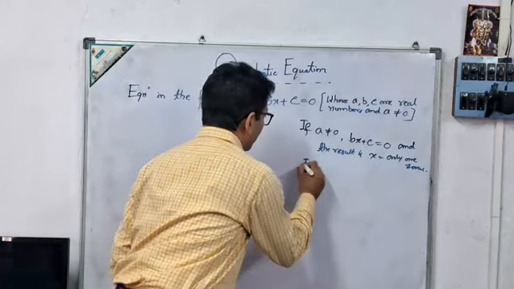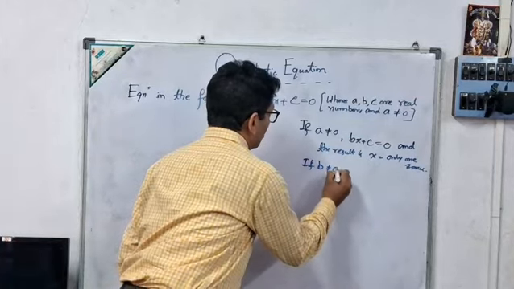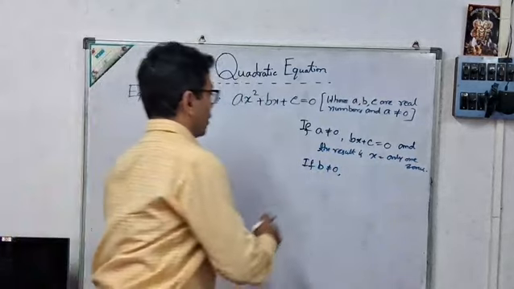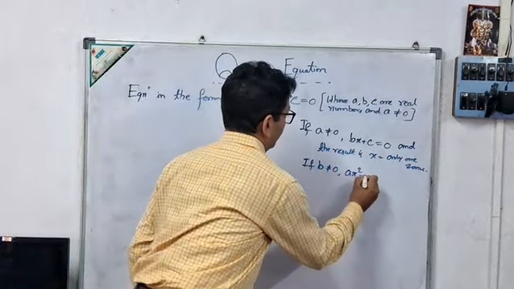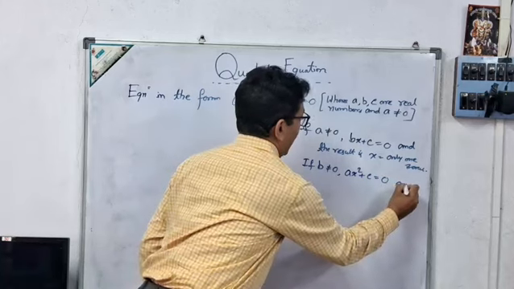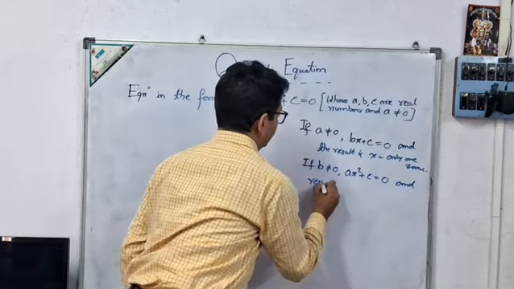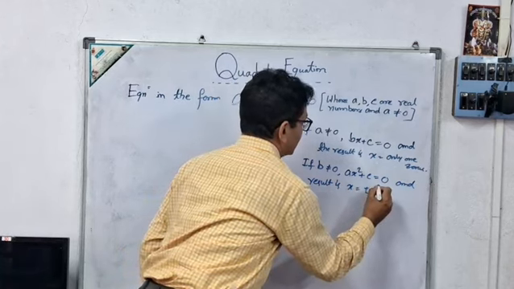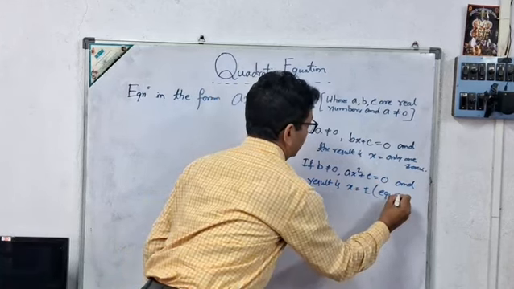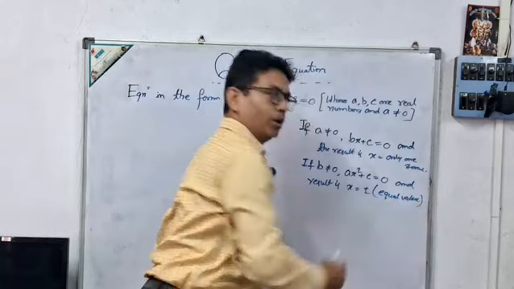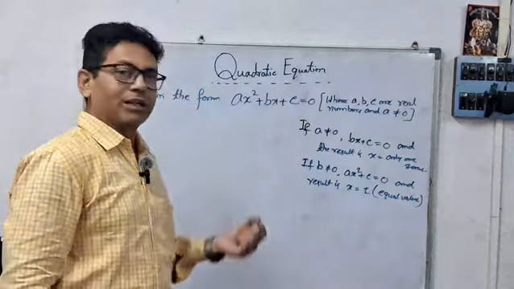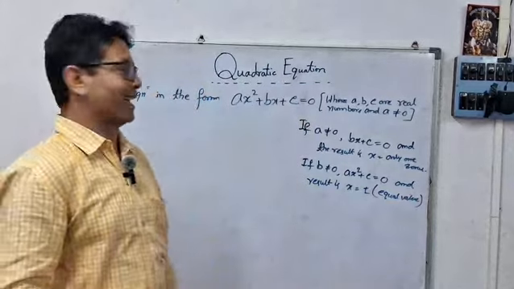If b is equal to 0, then what happens? We will find that ax square plus c is equal to 0 and the result is x is equal to plus minus an equal value. We will get two values, two zeros, two roots, but on opposite sides.